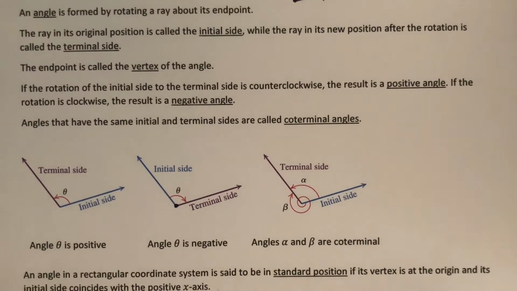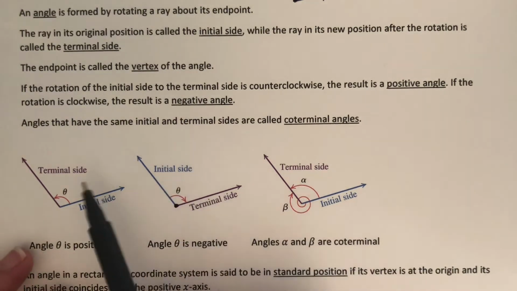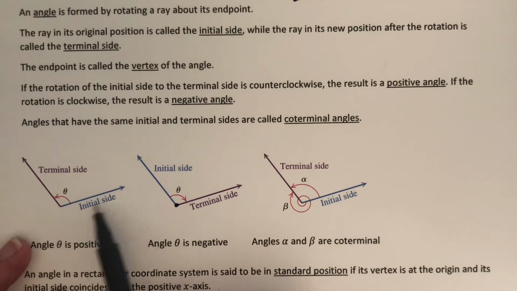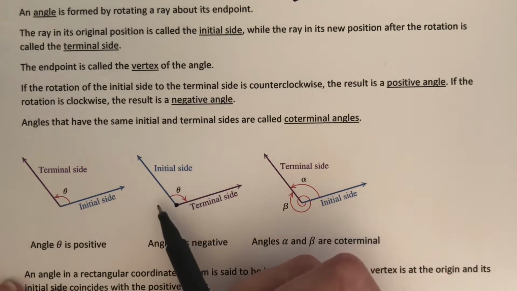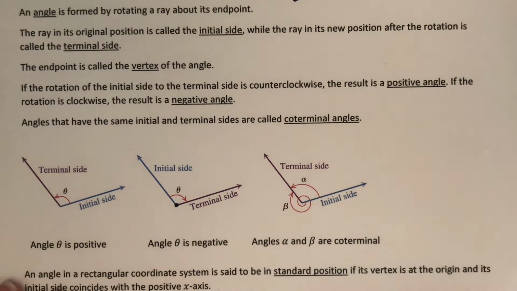Okay, now we do have positive and negative angles, and it all depends on the direction that you are rotating. If from your initial side, you rotate counterclockwise, that is a positive angle. And if we rotate clockwise, it is a negative angle.